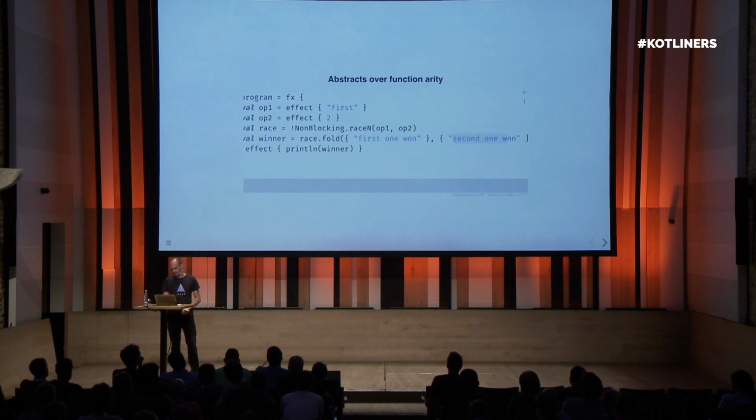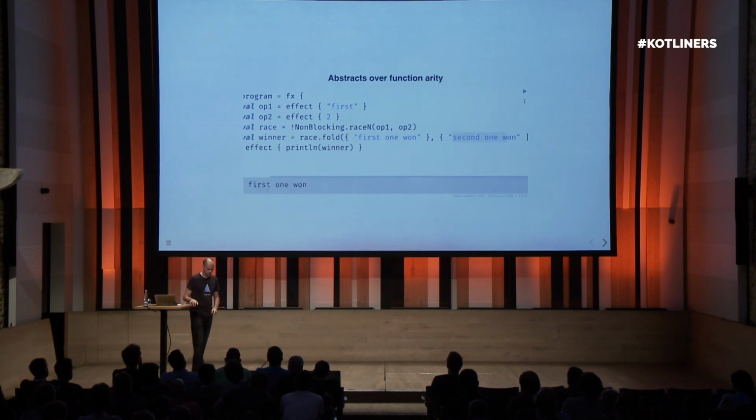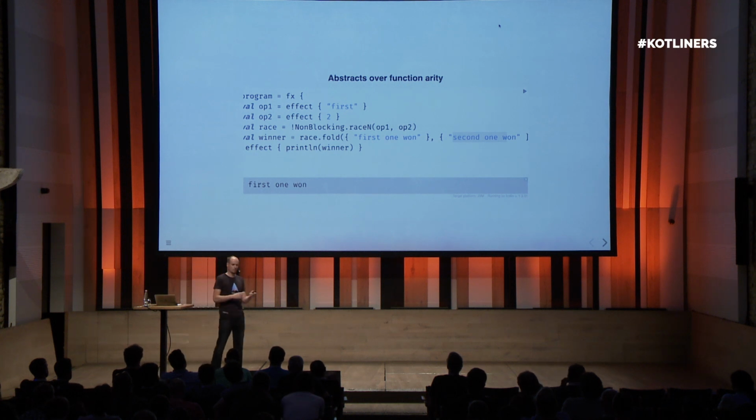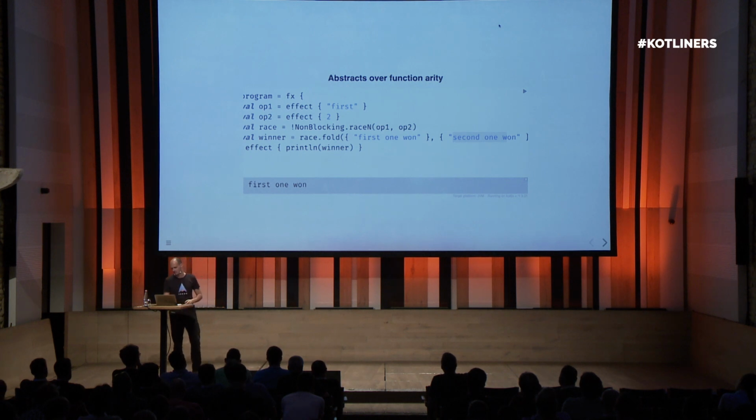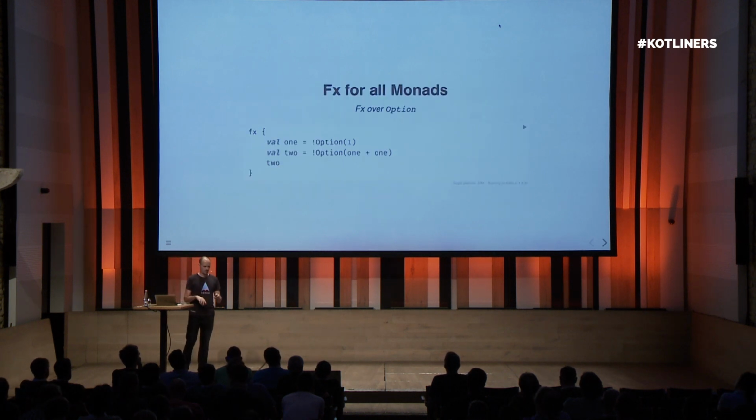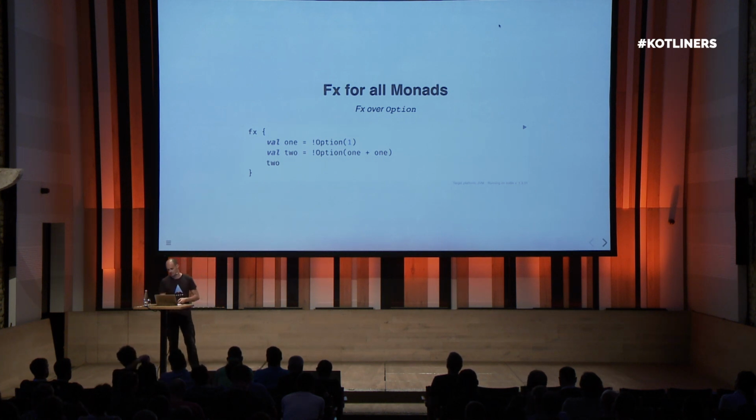Otherwise, it will run the second lambda. Let's see who's the winner here. It's the first one, okay? This is also powerful because you don't need to have different encodings for handling the different number of arguments. You can have your logic completely agnostic of that. Just pass the n amount of operations to these combinators.